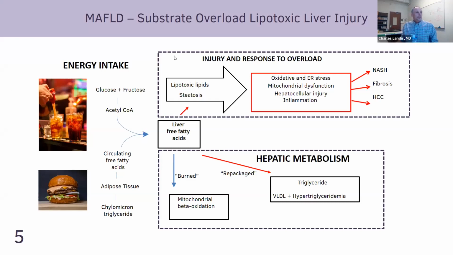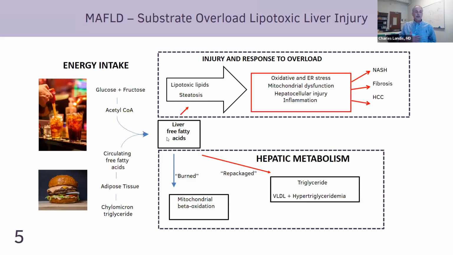So through energy intake, which can be in the form of glucose and fructose or other fatty meals, we can ultimately produce free fatty acids in the liver, whether they're coming from other tissues or are being converted to fatty acids metabolically.